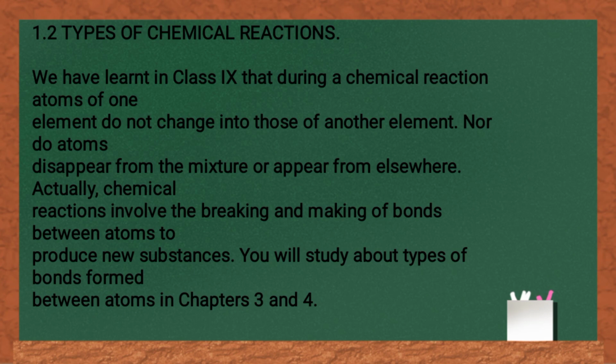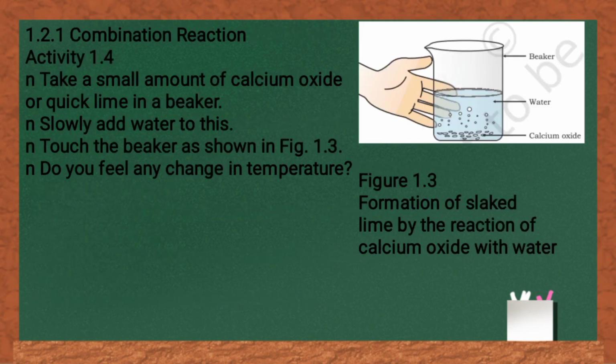When a chemical reaction takes place, the atoms will not break to form a new atom, but the bonds between the atoms will break and form new bonds, and that will form new substances. You will be studying bond formation in detail in chapters 3 and 4, but in today's class we will study about types of chemical reactions.